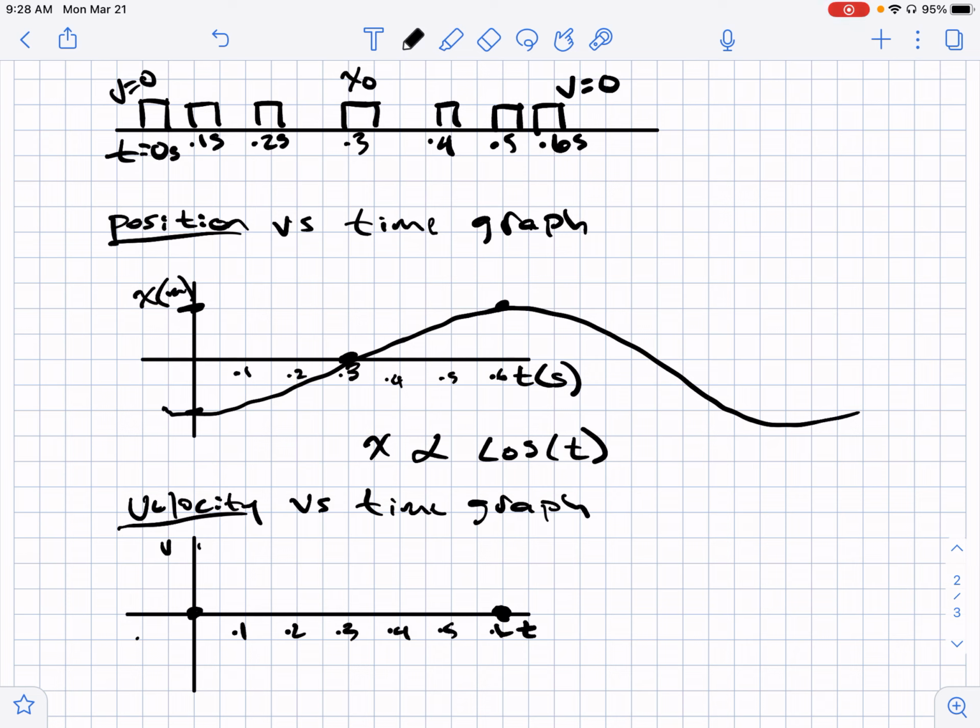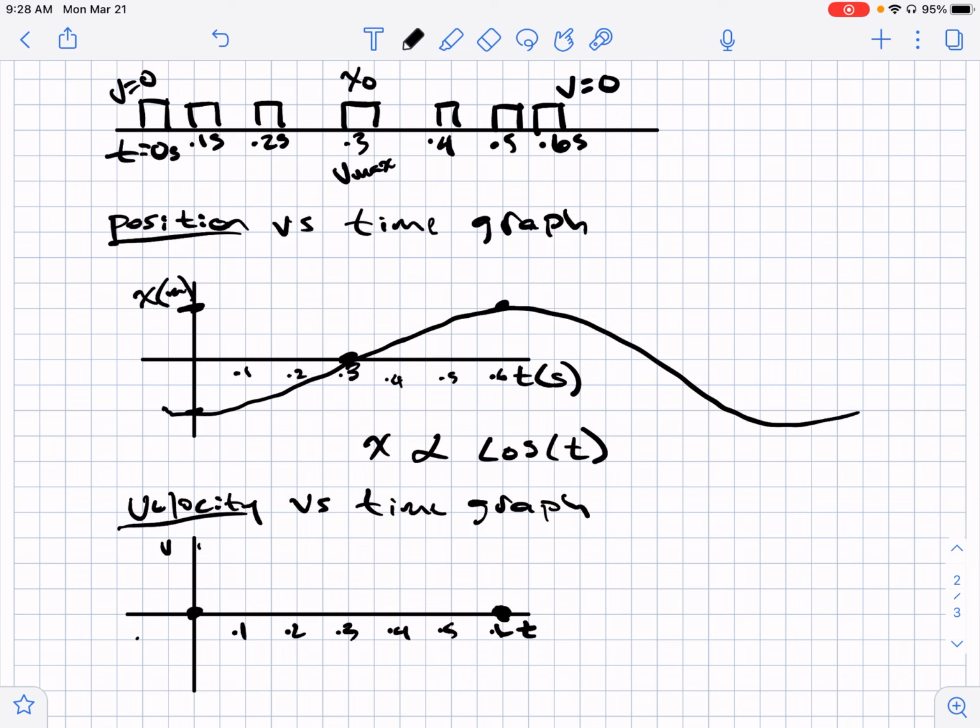And at 0.3 seconds, at that equilibrium position, we actually have our maximum velocity. So the v is the max here at your equilibrium position. And we'll see why as we continue on throughout these notes in this unit.